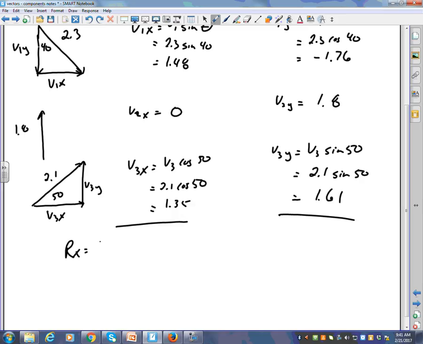So that would be 1.48 plus 0 plus 1.35, which is 2.83. For the y's, again add that column of numbers: minus 1.76 plus 1.8 minus 1.61.